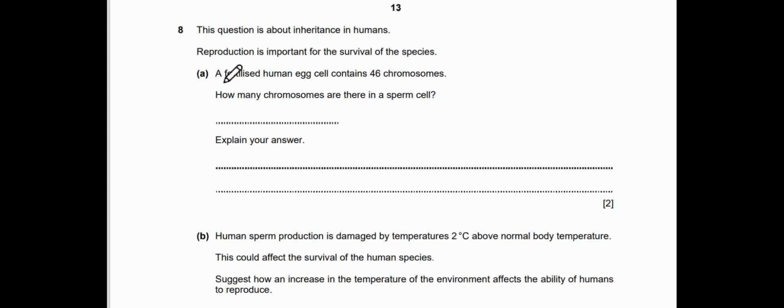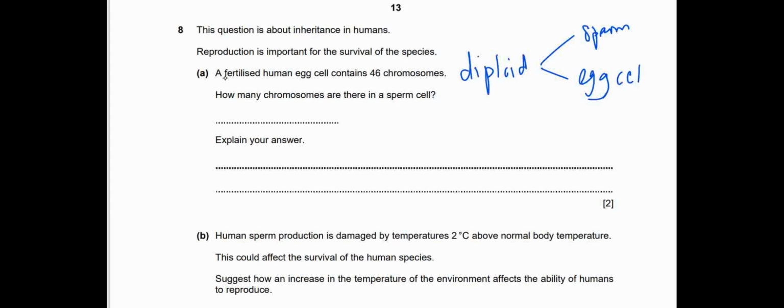a fertilized egg is diploid, meaning a combination from sperm cells and egg cells. So if the diploid is 46, the sex cell is half of it, so 23 for sperm and 23 for egg cells.